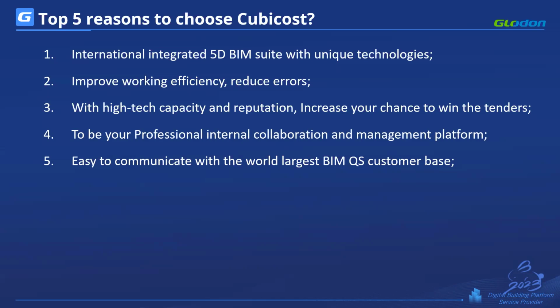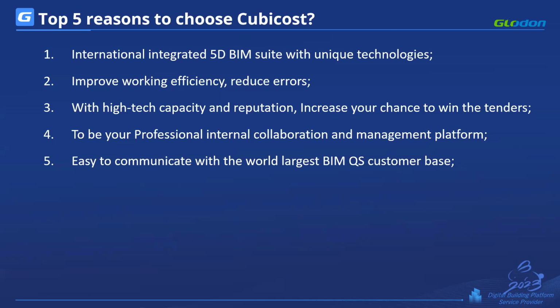These are the top 5 reasons to change to 5D BIM. International integrated 5D BIM suite with unique technologies. So this is the latest technology available in the world. Improve working efficiency, reduce errors. So you can see the 3D view of your quantities instantly. No need to visualize your 3D quantity by measuring 2D quantities.